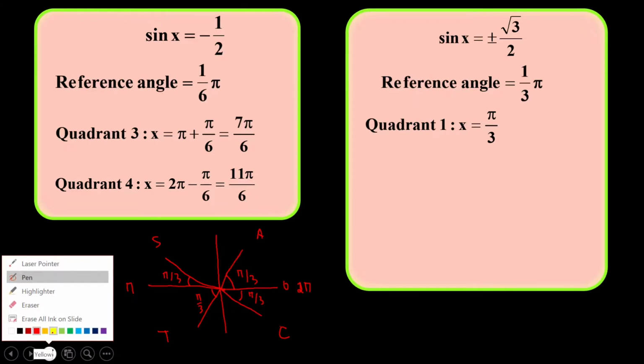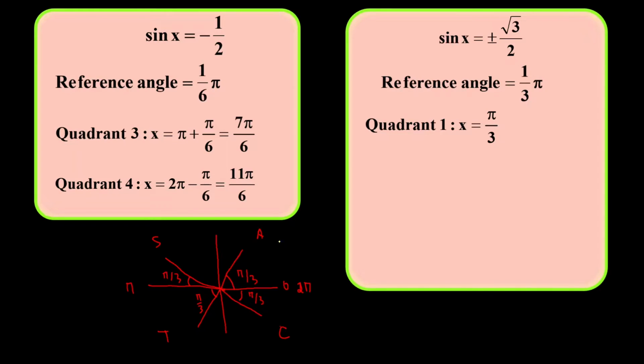So for the second quadrant, I will go from 0 here until here. To do the second quadrant, I will take pi minus pi over 3, then I will get the angle over there. So pi minus pi over 3 equals 2 over 3 pi.